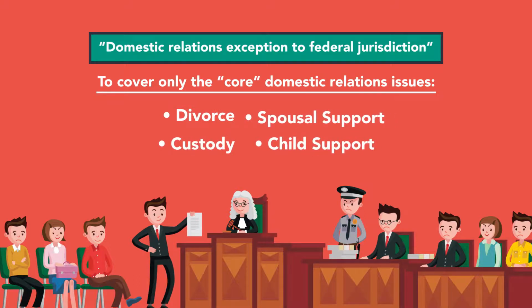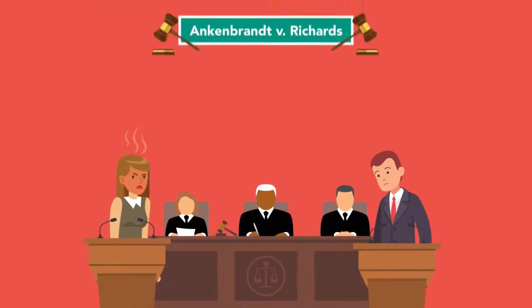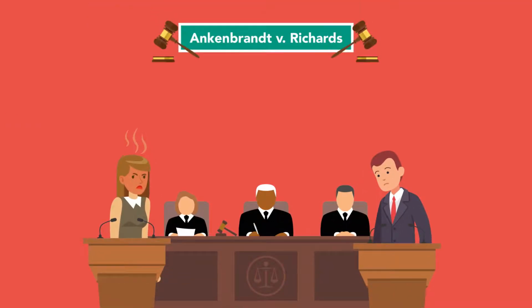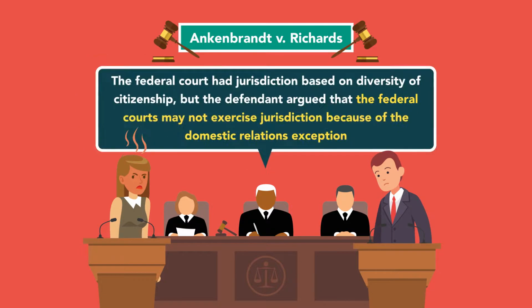That was reflected in a more recent Supreme Court decision, Ankenbrandt v. Richards. That case involved a federal lawsuit brought by a mother on behalf of her daughters against the father, alleging sexual and physical abuse. The federal court had jurisdiction based on diversity of citizenship, but the defendant argued that the federal courts may not exercise jurisdiction because of the domestic relations exception.